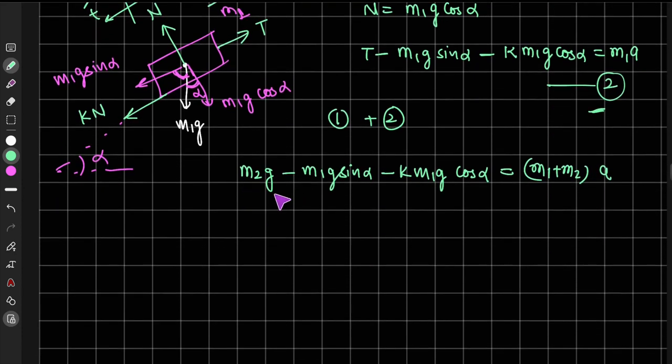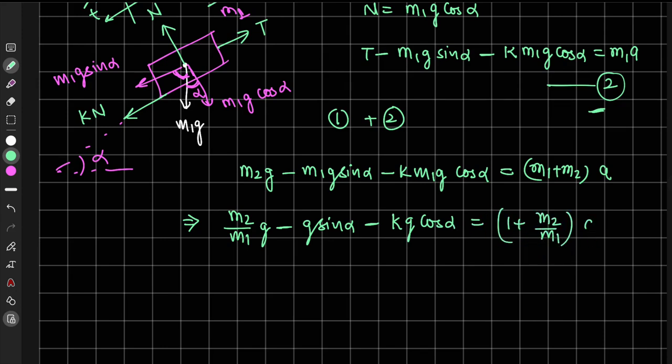So let us divide this particular expression by m1, as m2 by m1 is given. So we can write m2 by m1 into g minus g sin alpha minus k times g cos alpha is equal to (1 plus m2 by m1) into a.